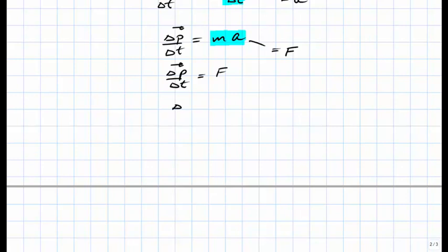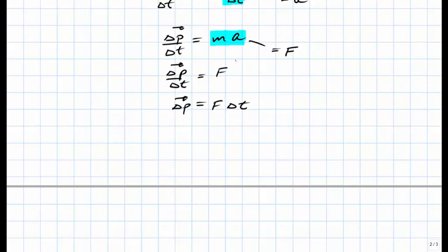And if we solve this equation for the change in momentum, of course we would multiply both sides by delta t, the result would equal force times the change in time. And so here it is. In order to change momentum, we need to apply a force for a period of time.